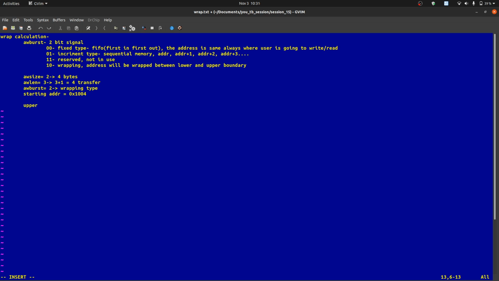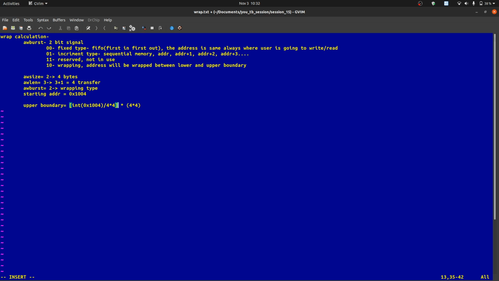What is the lower boundary? It is the integer part of 0x1004 divided by 4 into 4, that means AW size into AW len, that is 4 into 4, and multiplied by 4 into 4.